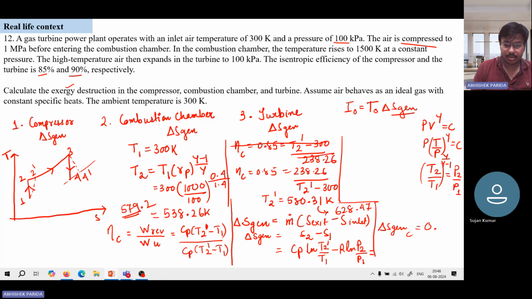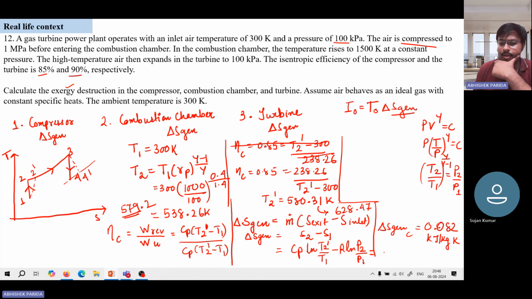Then 1.005 into ln of T2 dash by T1 at 300, minus 0.287 ln of the pressure ratio, is 0.082, right? Yes, sir. 0.082 kilojoule per kg Kelvin. Okay, so that is delta Sgen for the compressor.